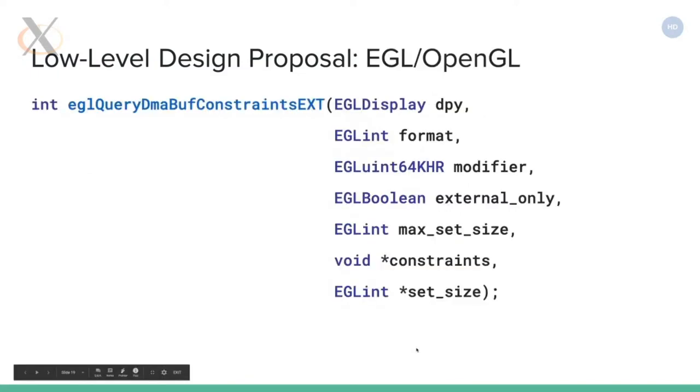Yeah, so here's an example of how this could work in EGL, for instance. So you'd use EGL to query rendering constraints, and so rendering and texturing.